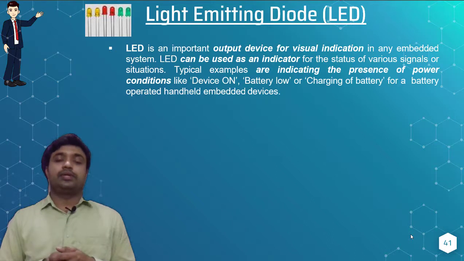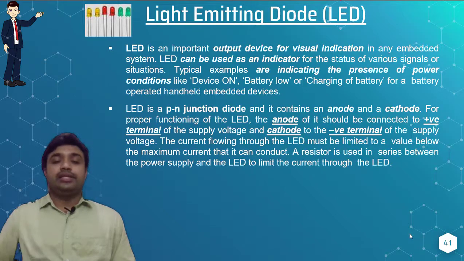Ultimately, LED presents you with the right information, and automatically you can identify the status of different signals or situations. Some examples are power conditions like device on, battery low, and charging of battery. You can see the information directly on the LED.